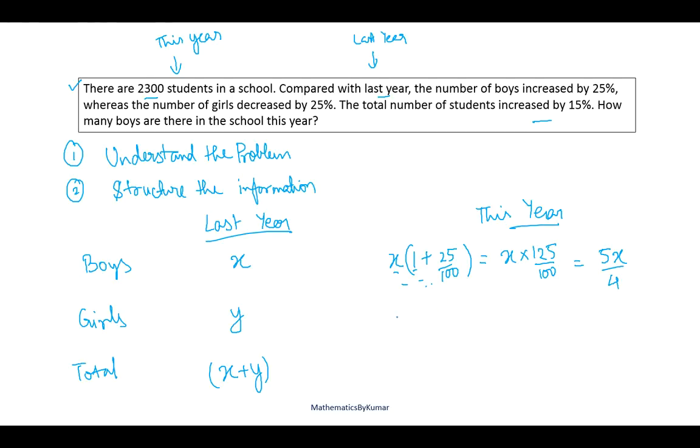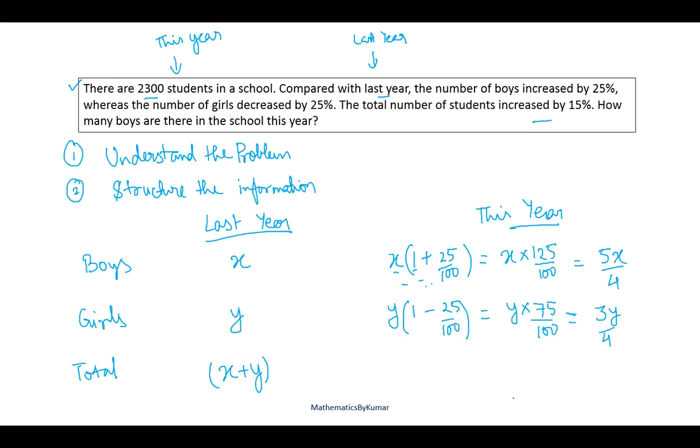For girls, I know that last year it was y, and it has decreased by 25%, so this is the expression that I'll be using. This is nothing but y multiplied by, if we simplify, 75 over 100. Again I can see there's a factor of 25 in the numerator and denominator, so I'll simplify it again. This will give me 3y over 4.